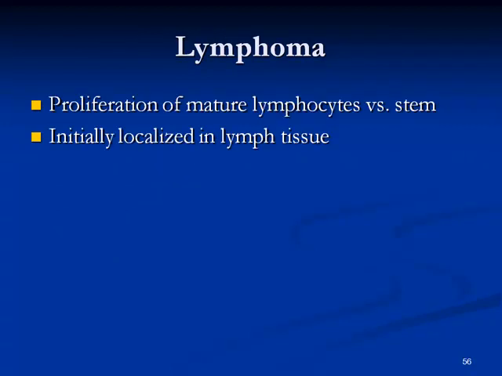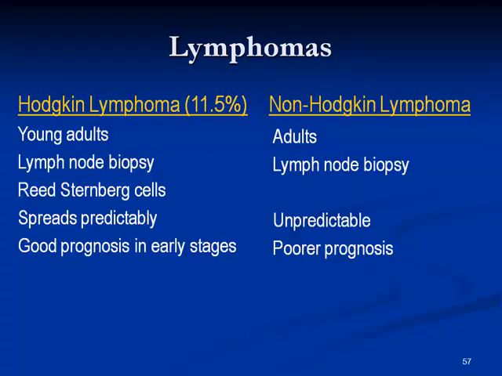Okay, so we talked about leukemia. Lymphoma is where we see mature lymphocytes being multiplied, rather than in the stem cells in the bone marrow. It's initially localized in the lymph tissue itself. Hodgkin's lymphoma is about 12% of lymphomas, and the rest are non-Hodgkin lymphomas, other types.